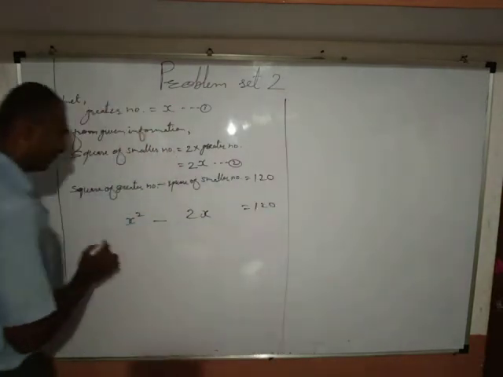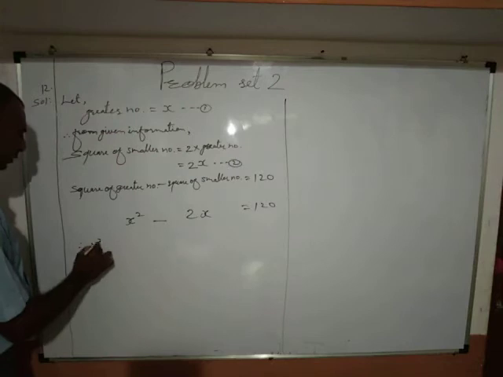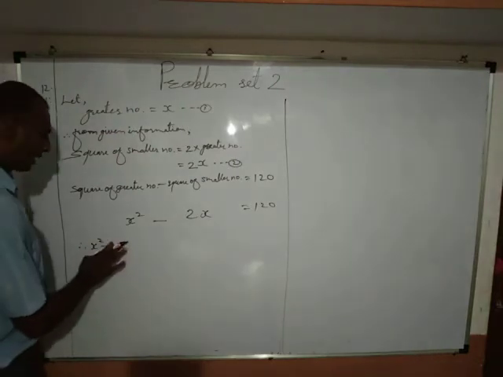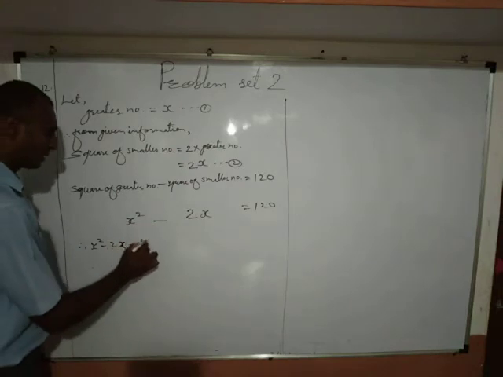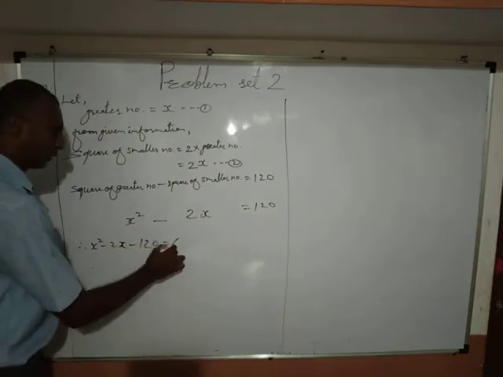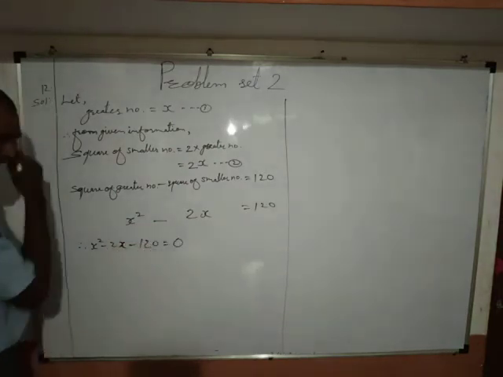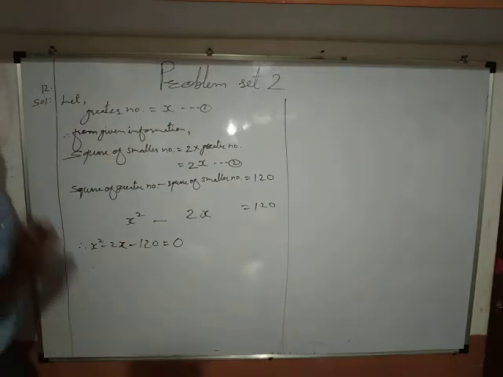And therefore x square minus 2x, on transfer of 120 from right to left we get minus 120 equals 0. Now it is a quadratic equation in the form of x square plus bx plus c equal to 0.